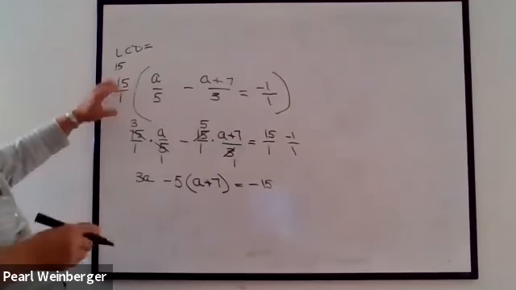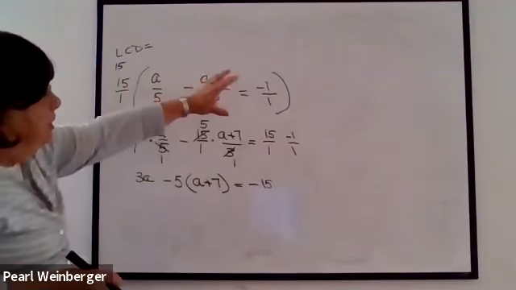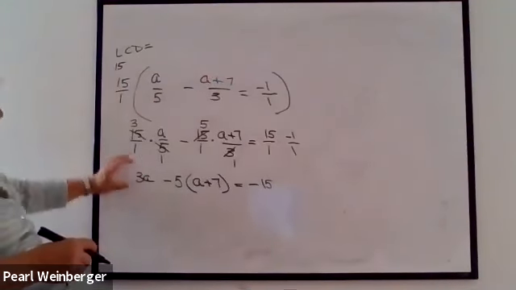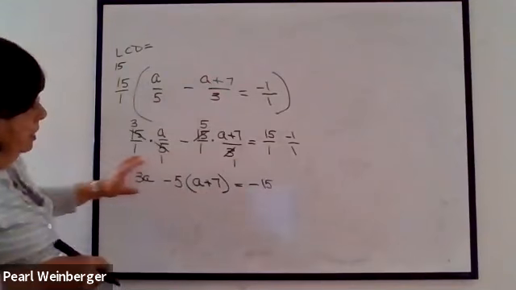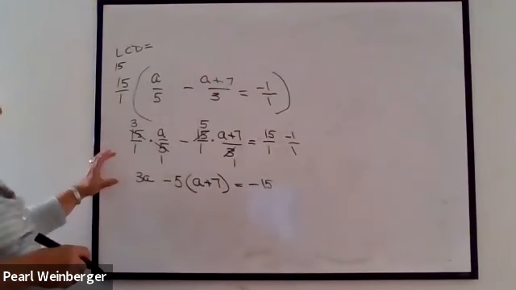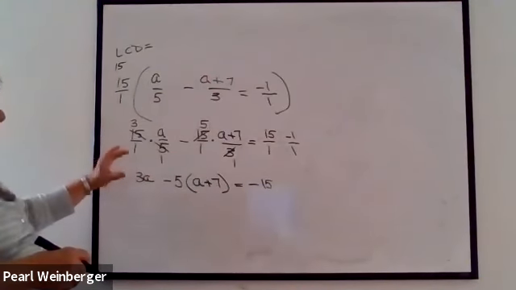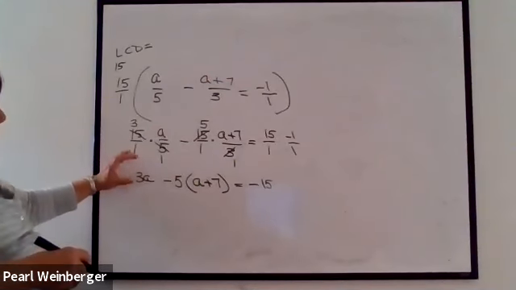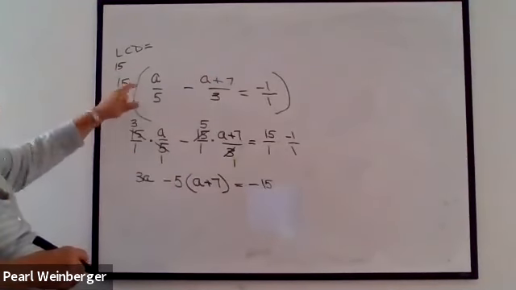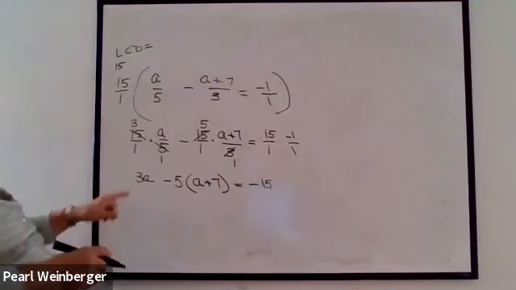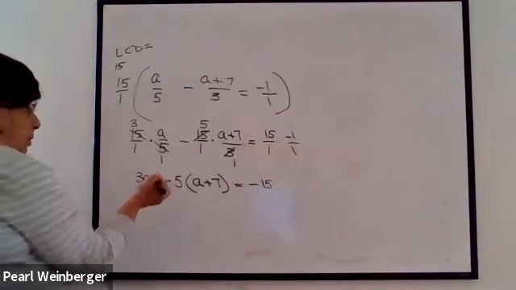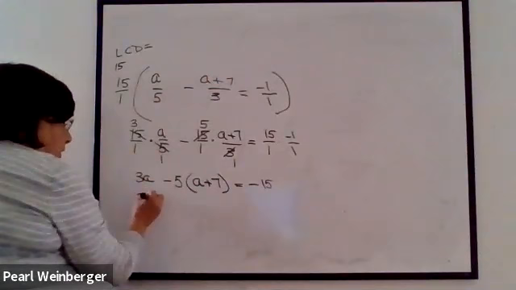And if you notice, from an equation that has a bunch of fractions, I now have an equation that has no fractions. It's a much simpler equation to solve. And when I solve this equation, it will be the answer for my original equation. So let's finish this equation. We'll get 3a.